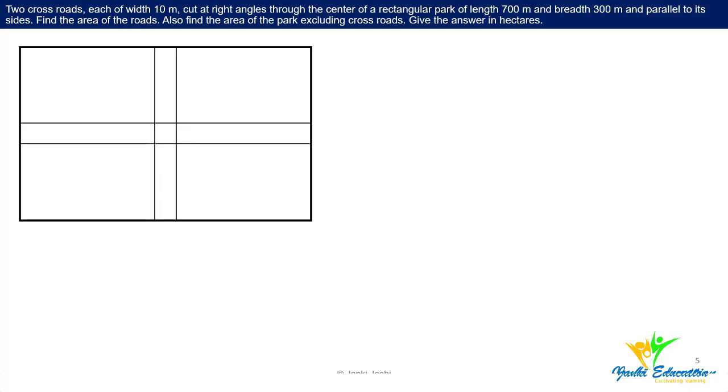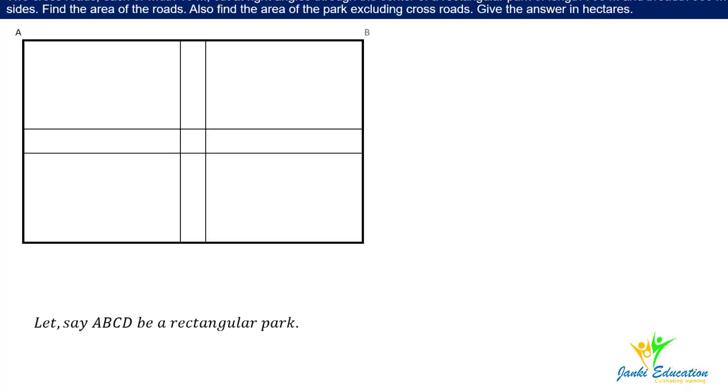Now say ABCD be a rectangular park. So here it is A, B, C and D. Let's say LMNO be a road 1. So here this is road 1, that is L M N O, and let's say PQRS be a road 2, that is this road PQRS, and importantly this road is intersecting at the center with each other, that is overlapping.